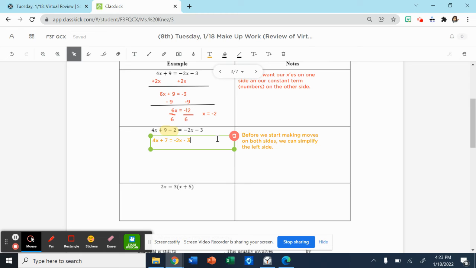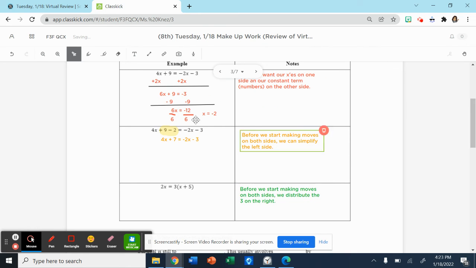That's a whole lot simpler than dealing with 9 and 2 separately. Similarly, in the last box, before we start making moves on both sides, we can distribute the 3 on the right. That looks like multiplying 3 times x, so 3x plus 3 times 5, which is 15. Now we have a much simpler equation to solve.